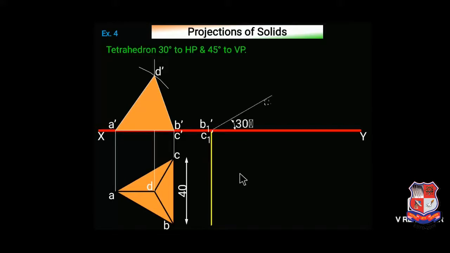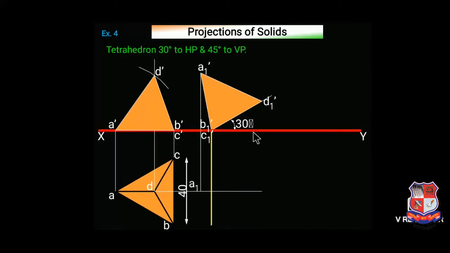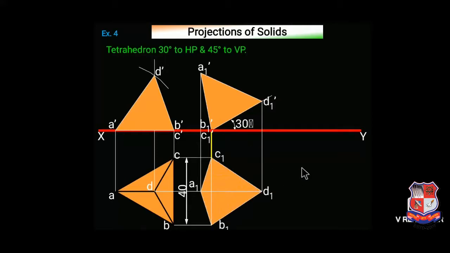Now rotate this in such a way that its axis makes an angle of 30 degrees with the XY line like this. This AD makes an angle of 30 degrees with HP. Project the points like this and draw its top view. It's very simple. Now 45 degrees to VP.